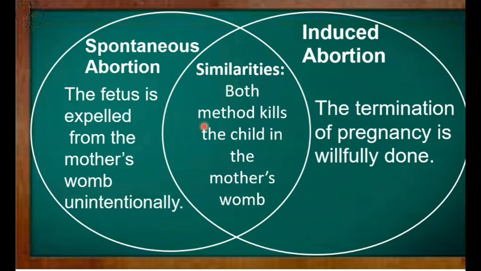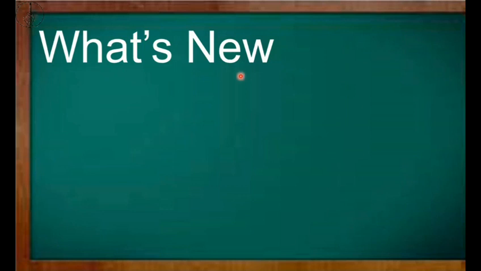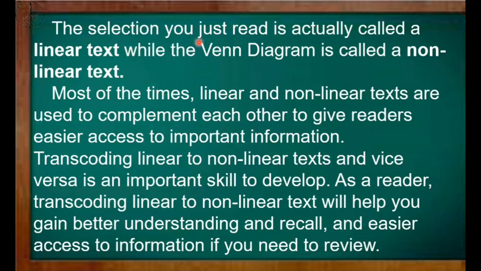Alright, next, under what's new in your module. The selection you just read is actually called a linear text, while the Venn diagram is called a non-linear text. Remember that. The selection is called linear text, while the Venn diagram is called non-linear text.